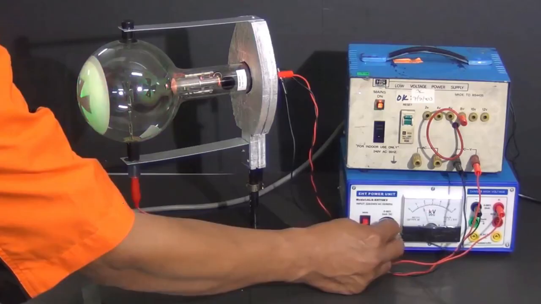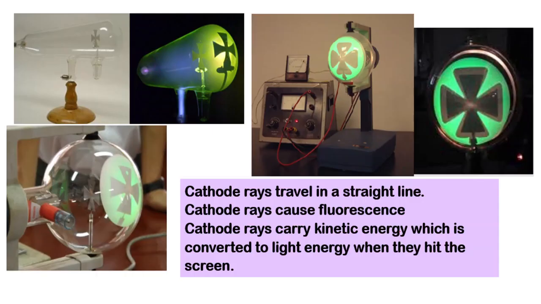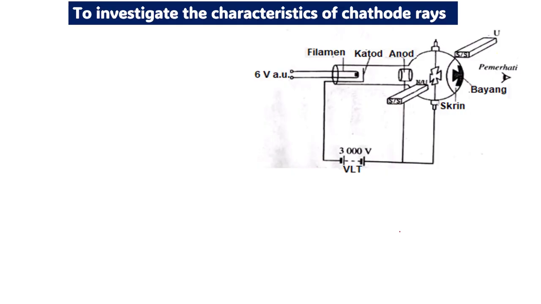This is the experiment I did with my students a few years back. So cathode rays travel in a straight line. Cathode rays cause fluorescence. Cathode rays carry kinetic energy, which is converted to light energy when they hit the screen. So that is the conclusion from the experiment.